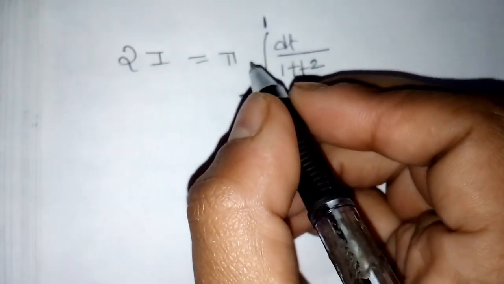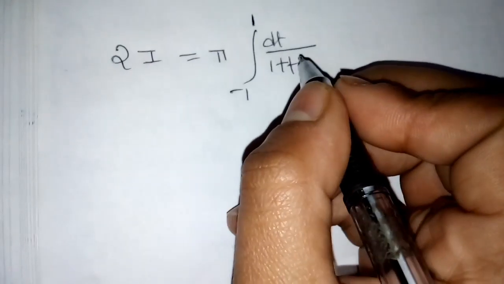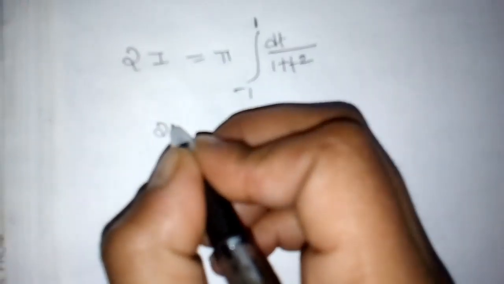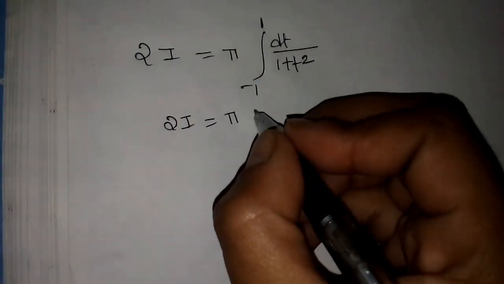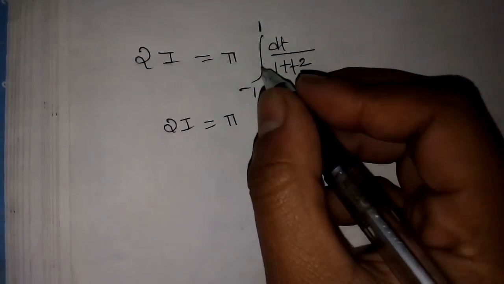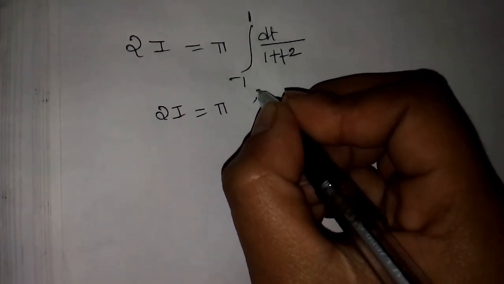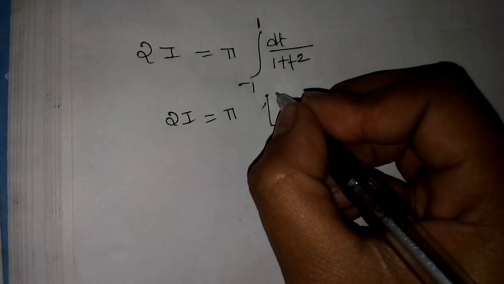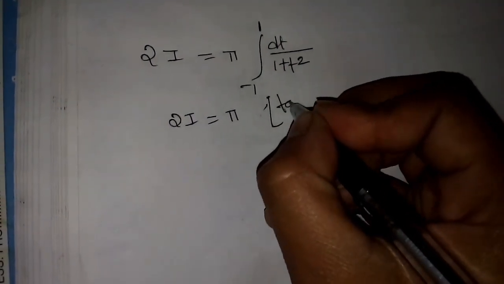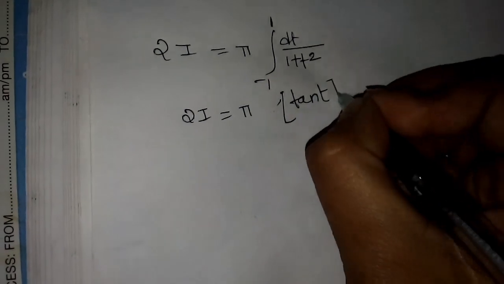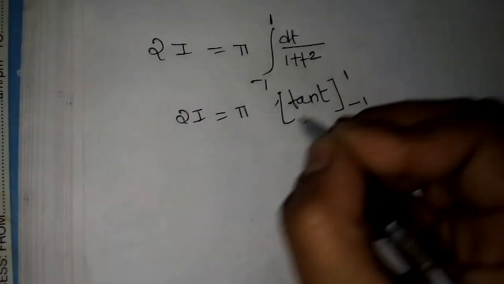So from here, 2I equals pi times the integral from minus 1 to 1 of dt upon 1 plus t square, so we just have to integrate. The integration of dt upon 1 plus t square is tan inverse t, from minus 1 to 1.